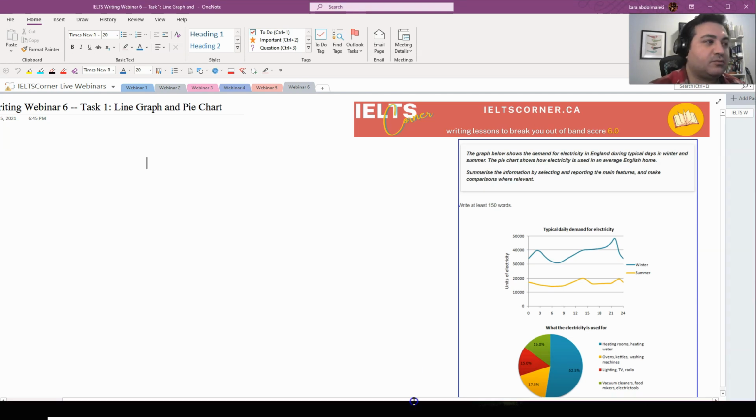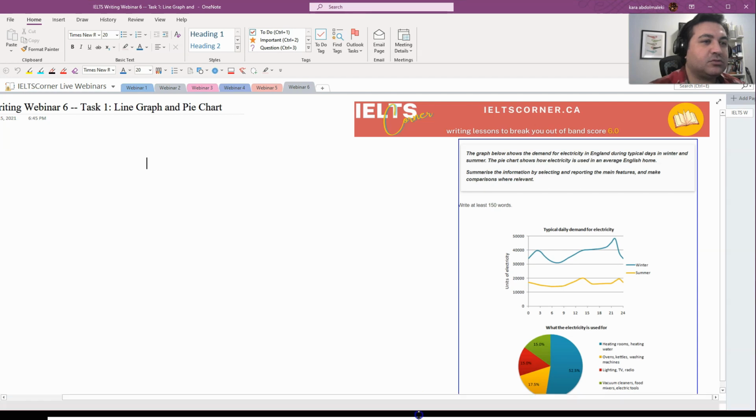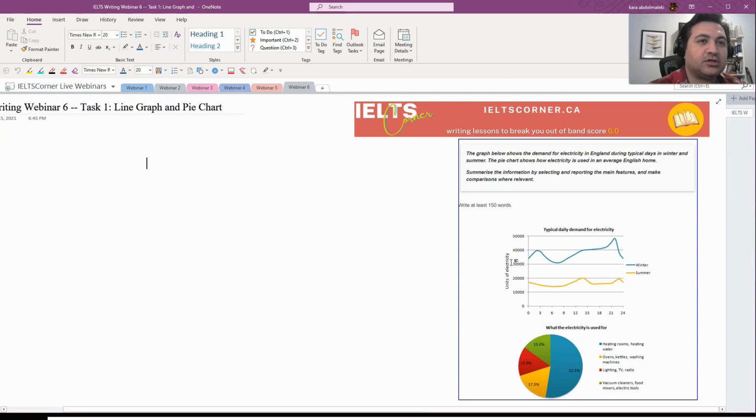So they're both basically showing different ways that electricity is used, or demand for electricity, as the question shows, in British homes.